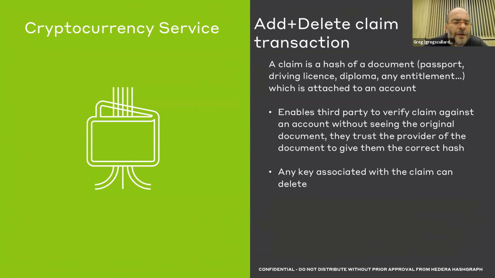In the case of a claim, if the claim is, for example, a driving license, then the driving license authority, so long as their key is associated with that claim, has the ability to delete that hash from your account or from an account. And that gives them the ability to revoke the credential or the hash from that account, which is why it's necessary to be able to delete with a single key that's associated with the claim. Not everyone can delete it, only those that have the private key associated with a key associated with the claim.